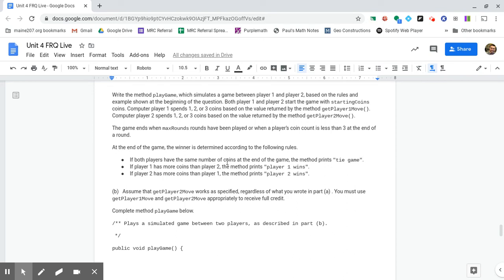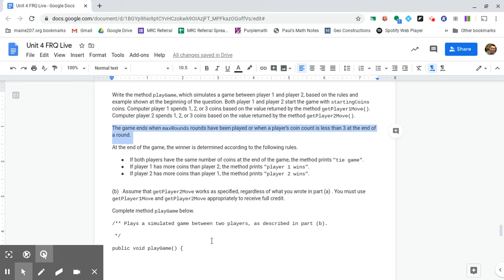If player one has more coins, then player one wins. If player two has more coins, player two wins. The last thing: the game ends when max rounds have been reached or when a player's coin count is less than 3 at the end of a round.